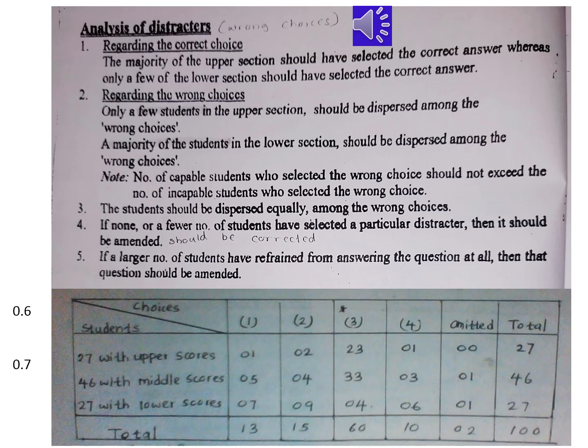The item is at average level, not too easy, not too difficult. Alright, that's the end of the whole section. You have to find the facility index and discrimination index, interpret them, and do the analysis. Take each sentence, each criterion, and analyze by referring to the data in the table. All right.